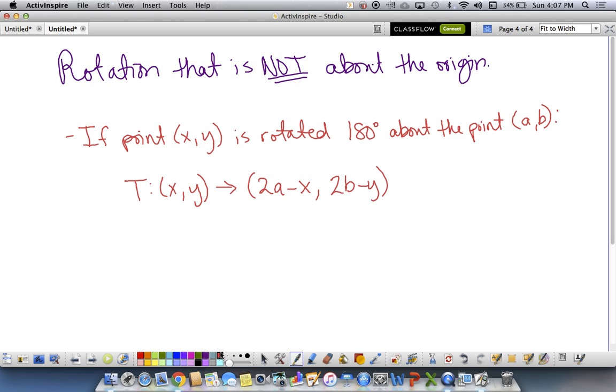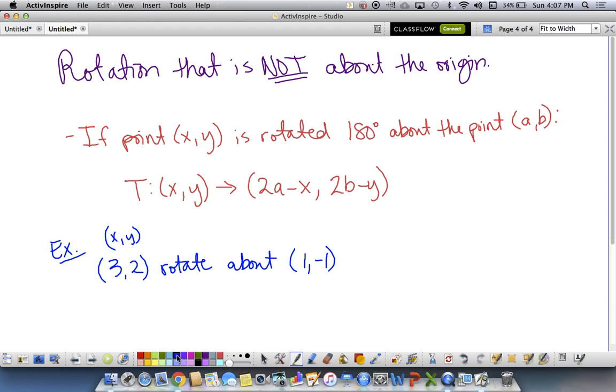Okay, so let's start with just a simple singular point. If we have, for example, let's take the point, what did we do earlier? 3, 2. Okay, that's my XY. And we want to rotate it, that point, about the point, I'm just going to do 1, negative 1. Okay, so this would be my A, B. You're plugging in a formula.